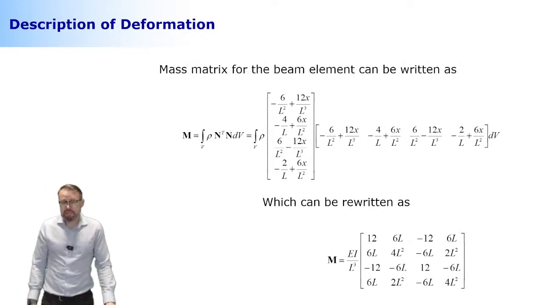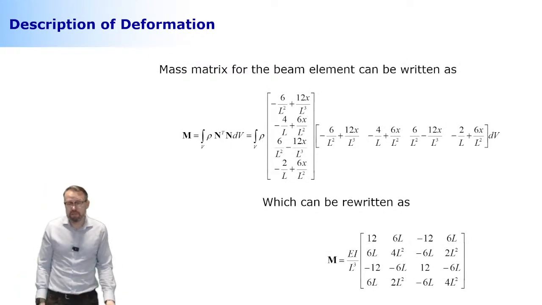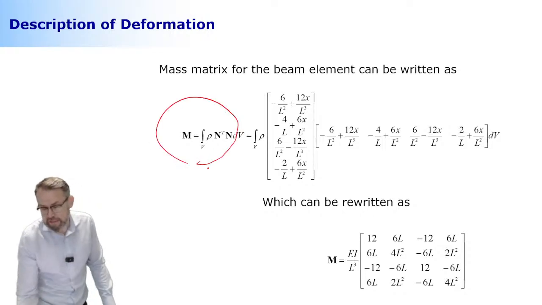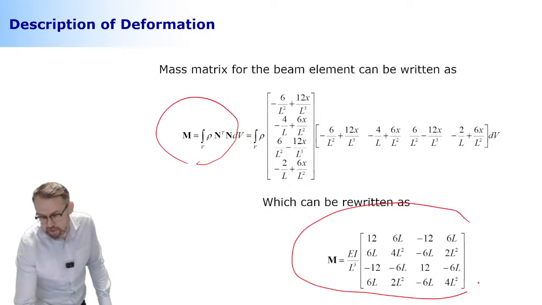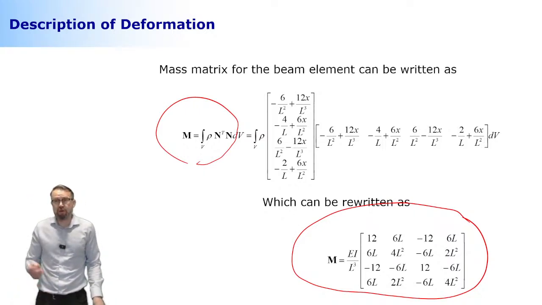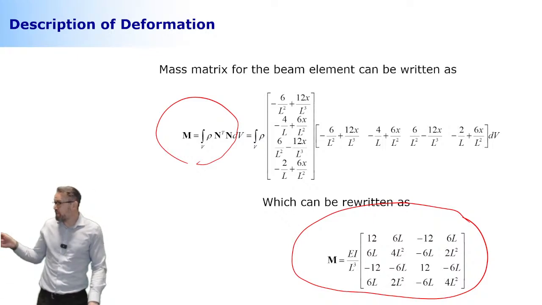Mass matrix, the same way, you can use your shape functions and integrate this over the density, and you can get the mass matrix like shown here. By the way, there are many different ways the mass matrix can be constructed. This is the one called the consistent mass matrix, as it has diagonal and off-diagonal components.